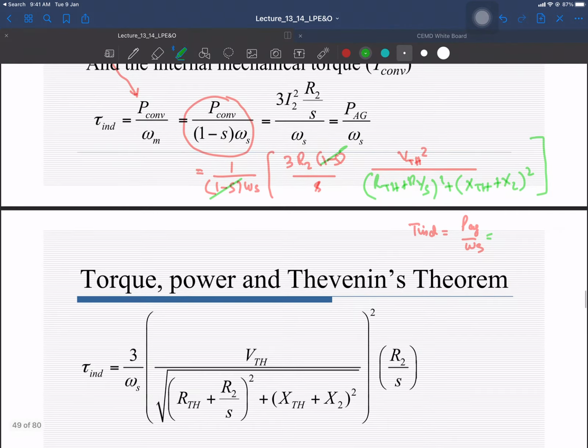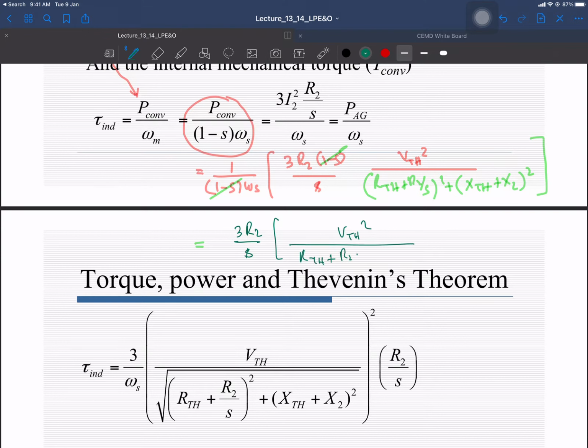So we can simply write from this expression that 3R2 by S into V Thevenin square divided by R Thevenin plus R2 by S whole square plus X Thevenin plus X2 whole square, right? And there is omega S as well. So we can write it like that.